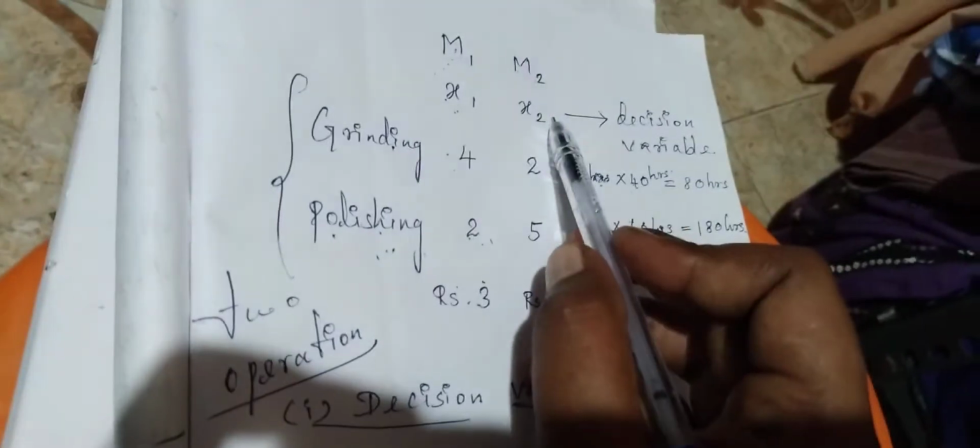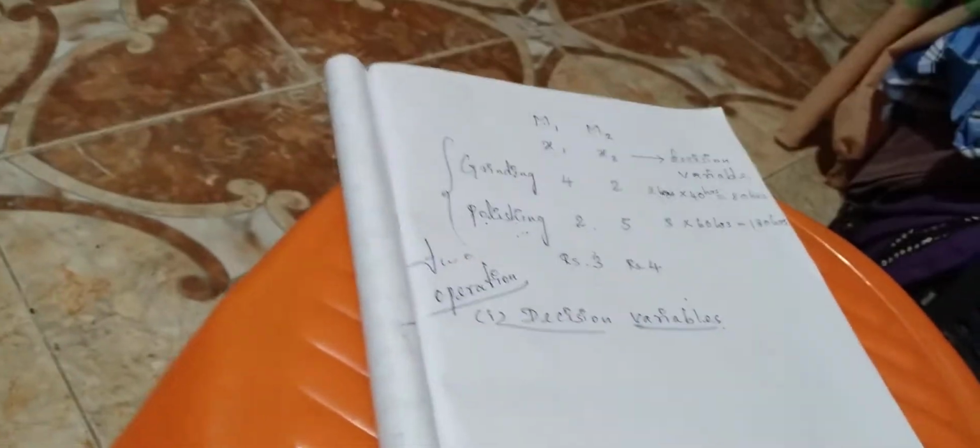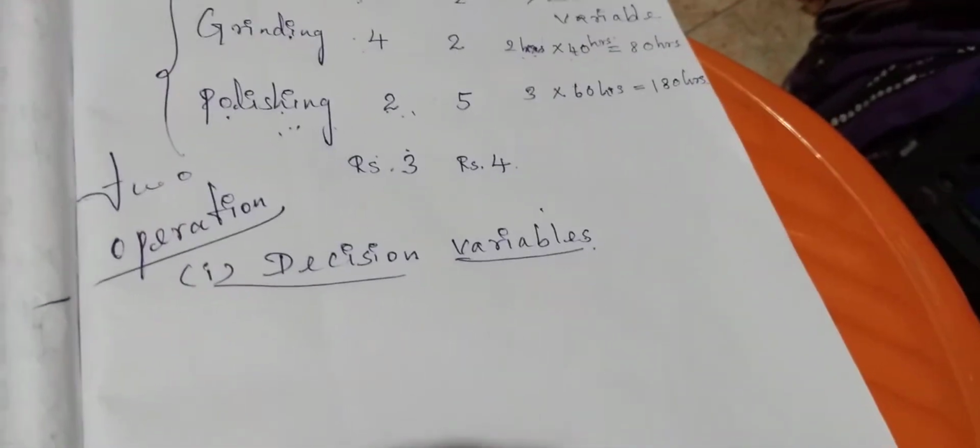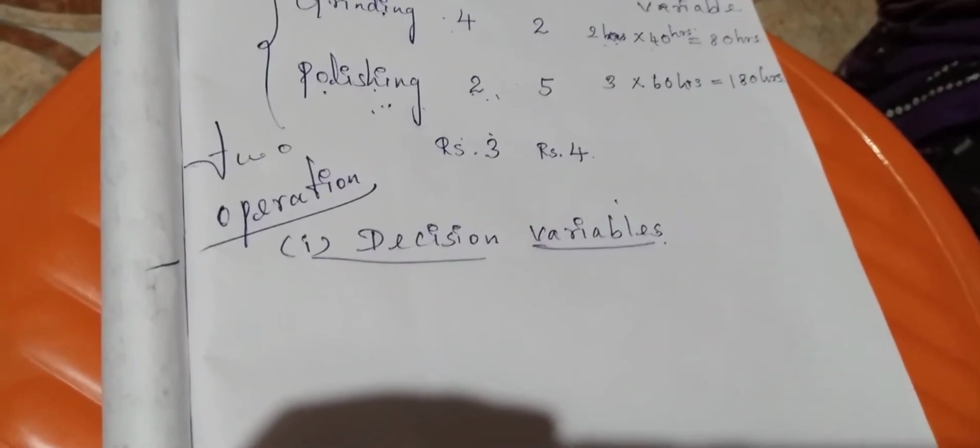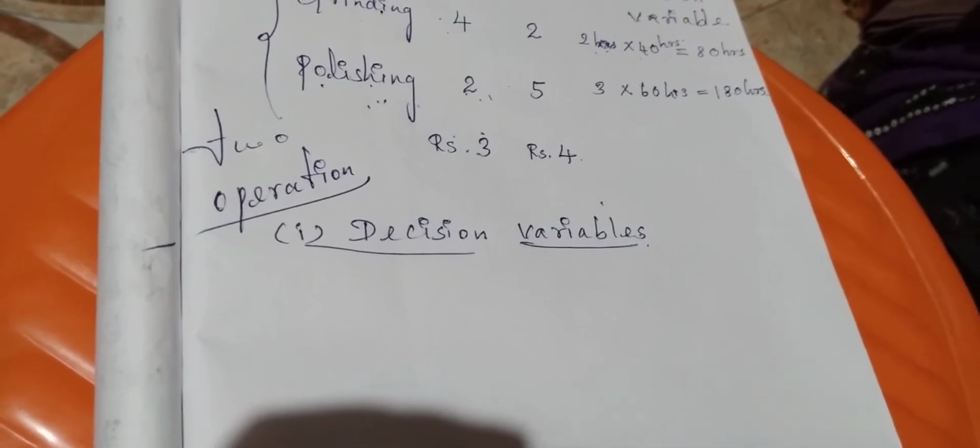X1 and X2. Finally you have to write like this when you are going to solve the problem. What are the decision variables? You know already, x1 comma x2.